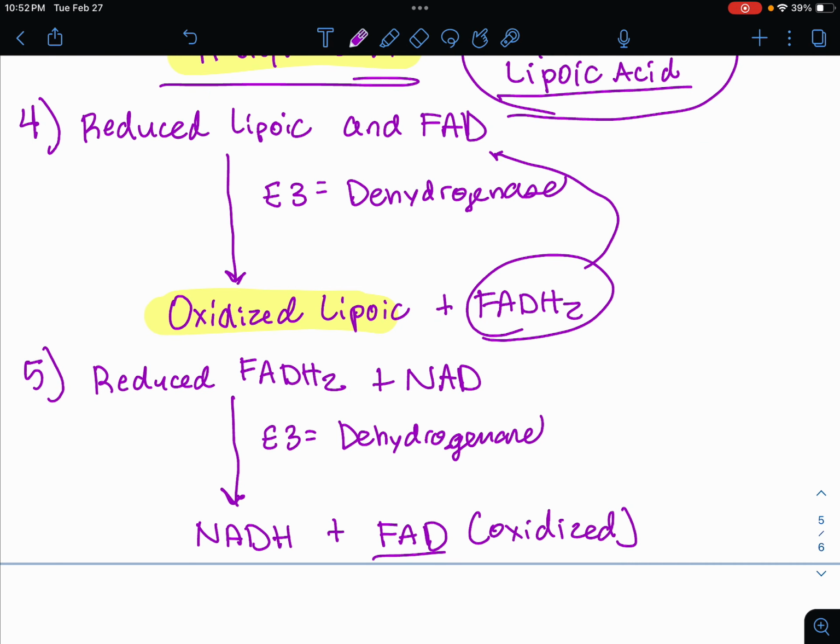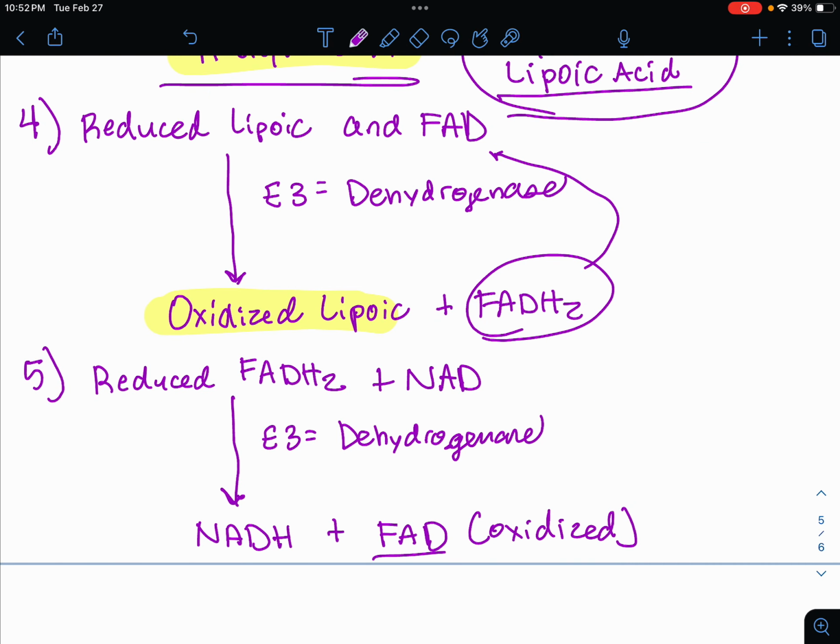Alright, so now we need to regenerate FADH2 into its oxidized state. So we're going to take the reduced form, FADH2, we're going to have NAD present, we're going to use enzyme 3 again, a second dehydrogenase, or enzyme 3. And then the hydrogen will be transferred to NADH, and then we have regenerated our FAD. And then this just goes in a big cycle if there's more pyruvate.